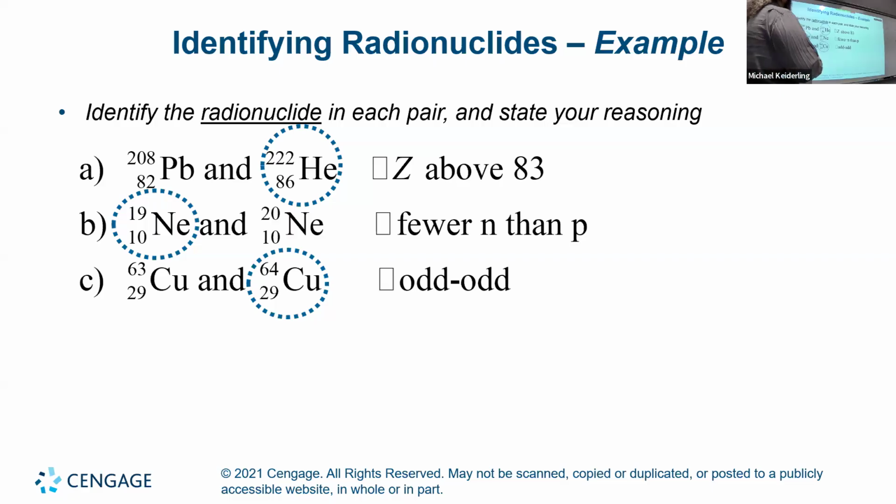So here, we're going to identify the radionuclide in each pair. That's not helium. 222, 86, that shouldn't be helium. 86 is, oh, Rn is radon.